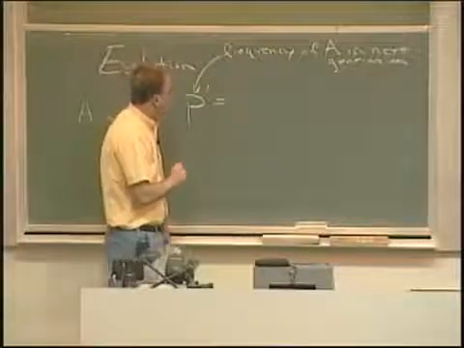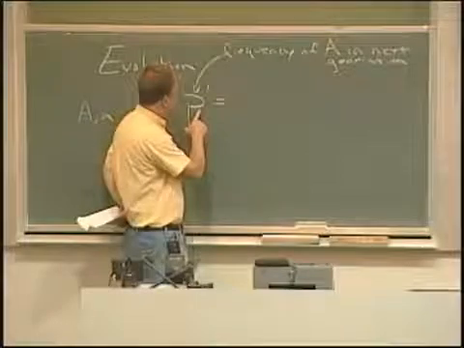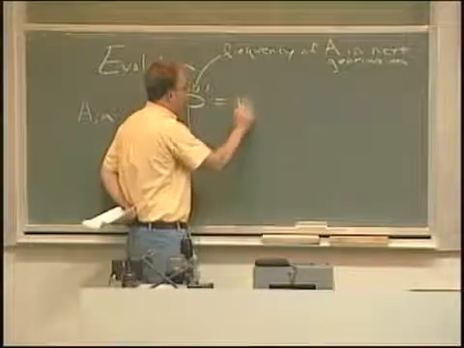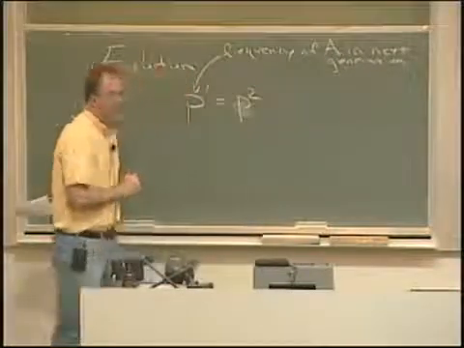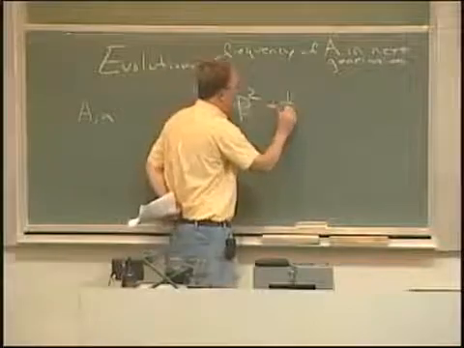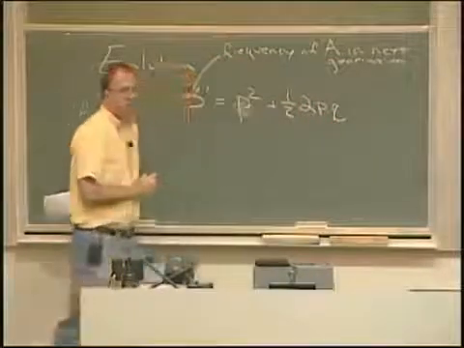Hardy-Weinberg equilibrium says that if you want to get the frequency of the allele in the next generation, we take the frequency of the homozygous big A individuals in this generation and add 1/2 the frequency of the heterozygous, right?